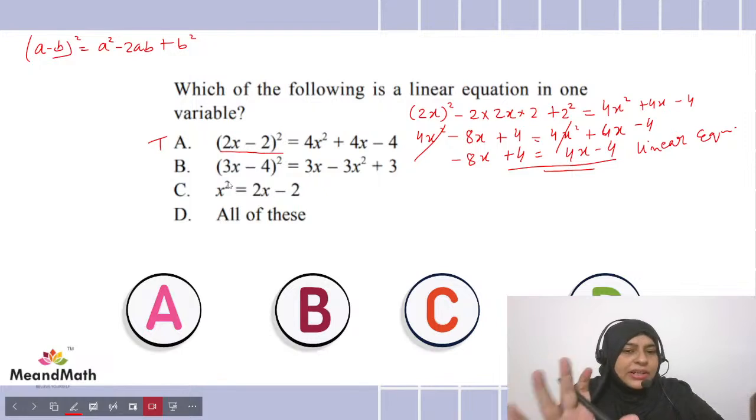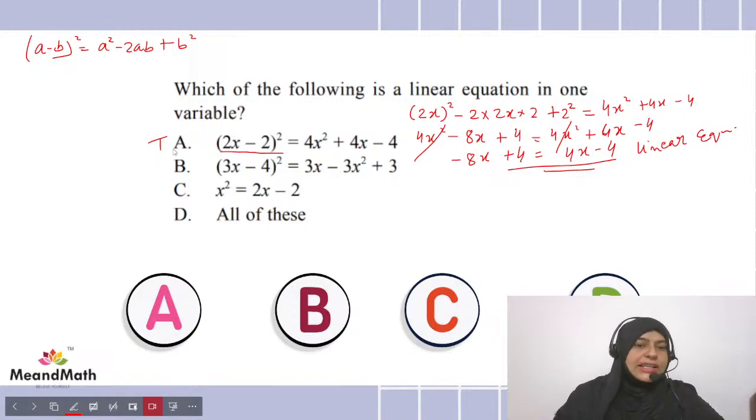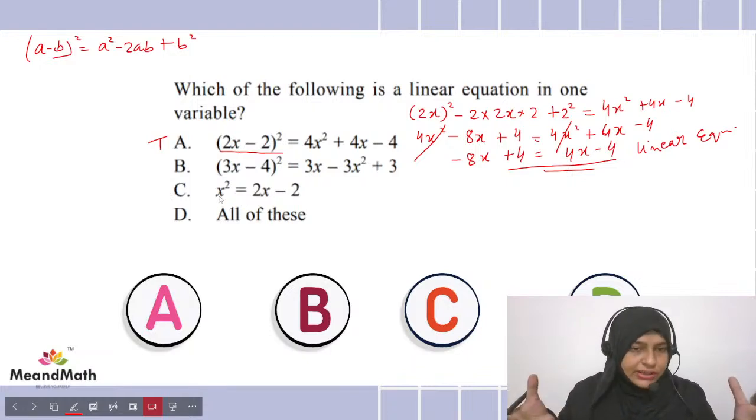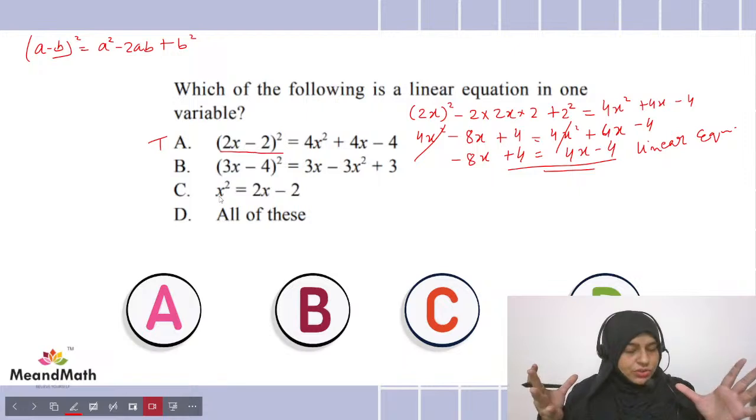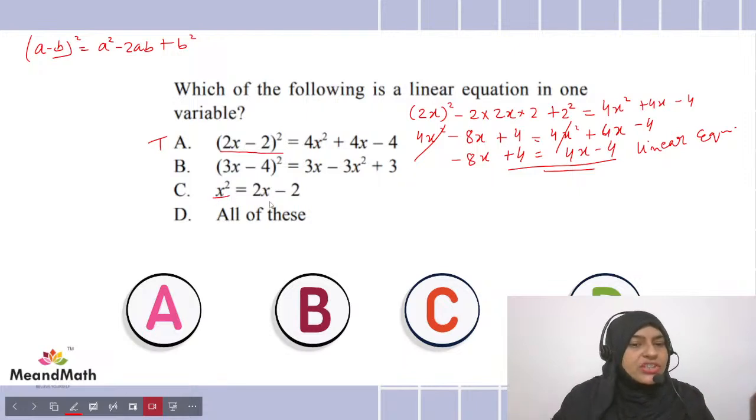Now, try to understand why all of the others are not linear equations. Obviously, you can see here in part C, the third option, we can't solve it further. Here the power is 2, here the power is 1. So what is the highest power of the variable?